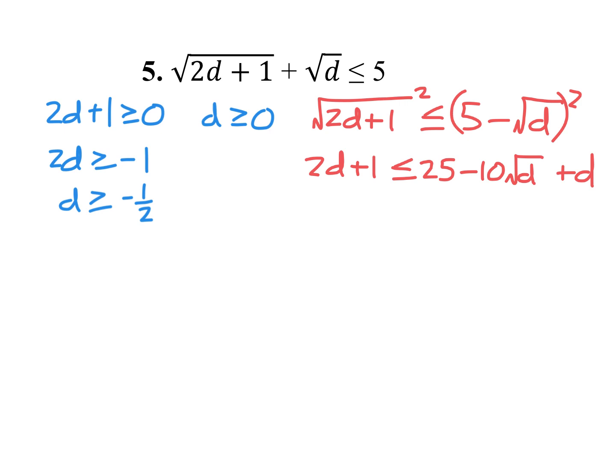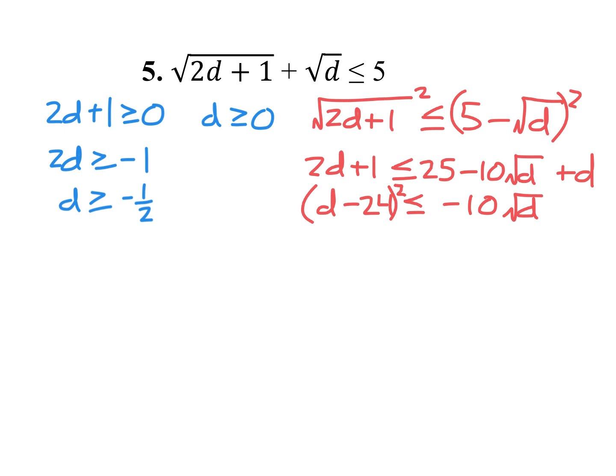All right, and now we have another radical, so we have to isolate that other radical. So I subtract d. 2d minus d is d, and I subtract 25. d minus 24 is less than or equal to negative 10 rad d. Now, technically, I'm supposed to divide by negative 10.